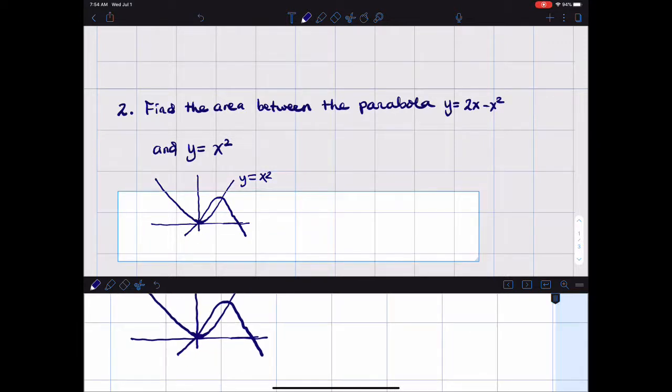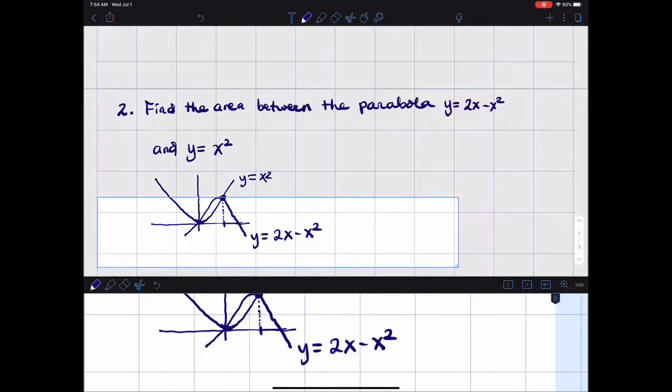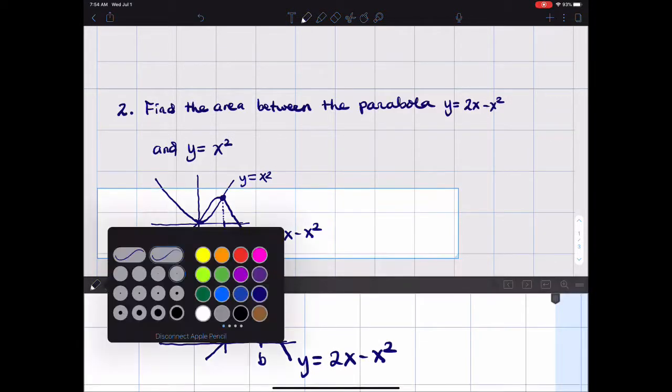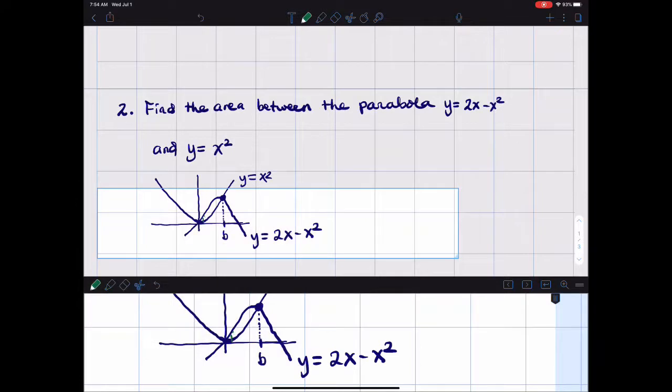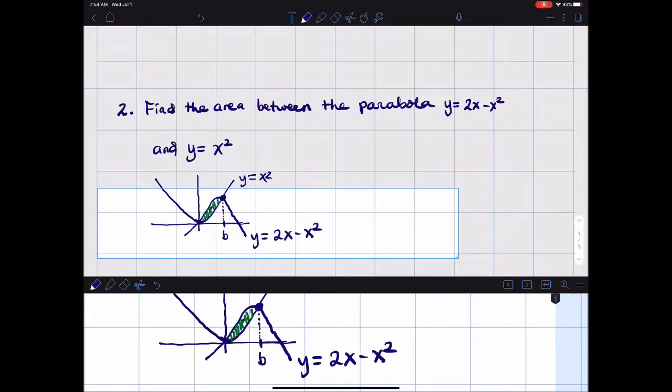So this is y equals 2x minus x squared. So first of all, you have to find this point. What is this point? I'm going to call this P. Okay. So the region you're looking for is this region. And I'm going to call it A.